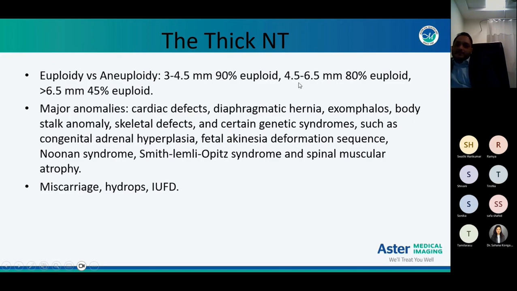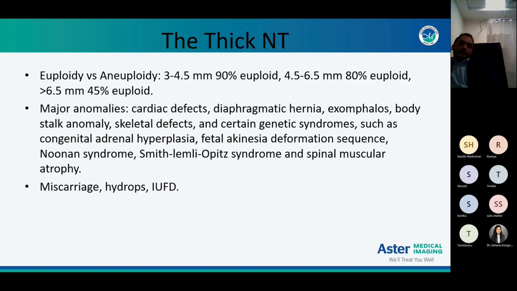If there is a further increase, 4.5 to 6.5 millimeters, then there is an 80% chance that the baby is euploid. While if there is a gross increase in nuchal translucency of more than 6.5 mm, then there is only a 45% chance that the baby is euploid. That is, there is more risk of the baby having aneuploidy. So the greater the nuchal translucency, the greater the risk of aneuploidy.